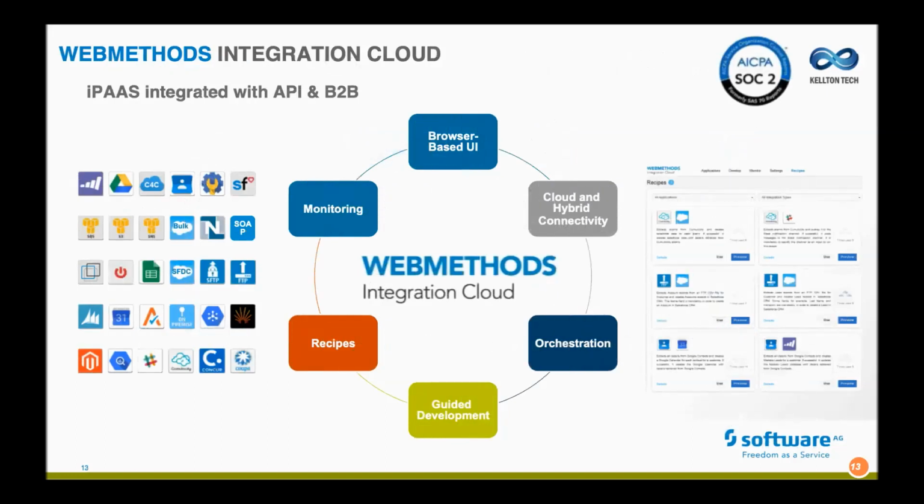To talk about some of the components that you can leverage from 10.3 and the future of Software AG, it is not only the aspect of integration cloud, but the hybrid connectivity leveraging integration cloud, the orchestration ability of leveraging data connectivity between your cloud components, but also to quickly play with recipes that can enable fast time to market to some of your problems that need to be leveraging the cloud connectivity and hybrid connectivity.